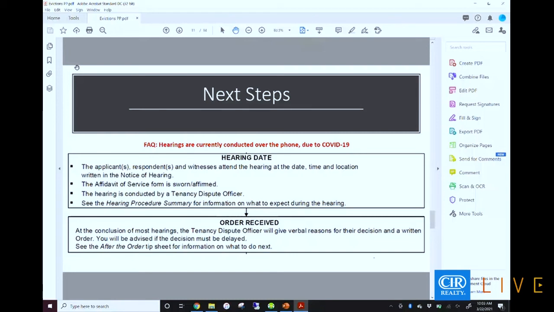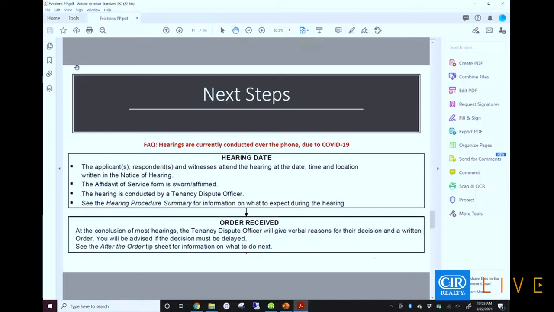It is always through the Residential Tenancies Act. They will say, on section 14 of the act, it states, or part of the tenant covenants is to pay the rent on time. The tenant has not done that. So they will either say the eviction is final and the tenant can move out or must move out by this date. They will actually have a specific date.